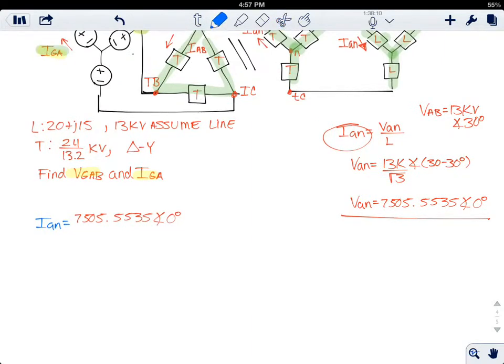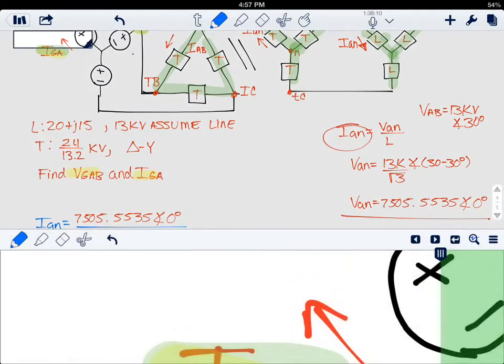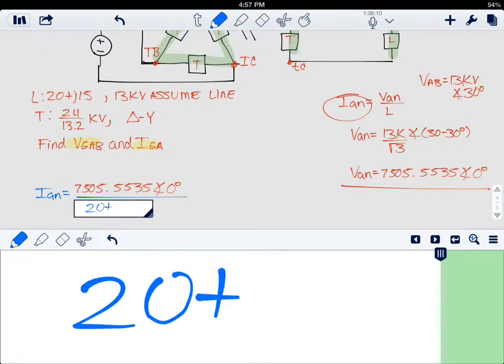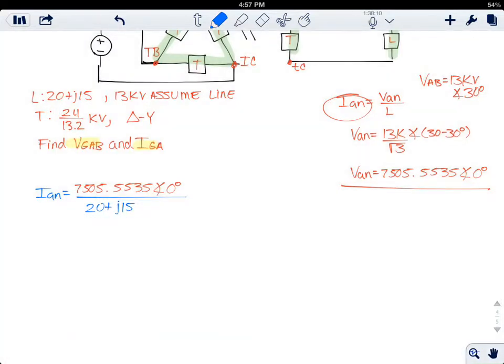We also know the load value, it's 20 plus j15.